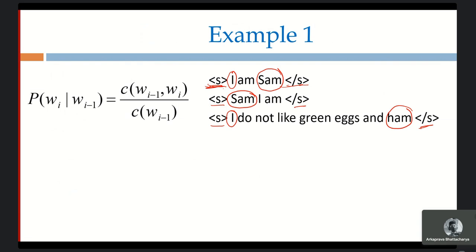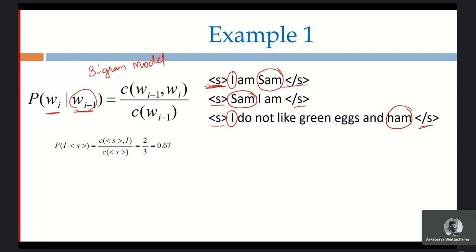Now this is the bigram model, where I'm considering a one word history. So this is a bigram model, where you are considering one word of history in order to predict wi. Now you can see the probability of I given start: the count of how many times start is followed by I, divided by the count of start.